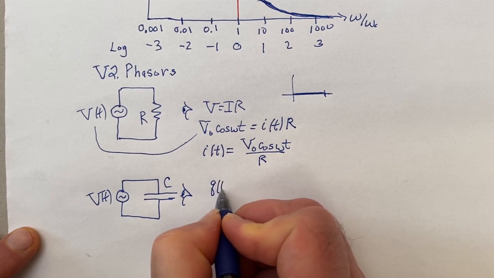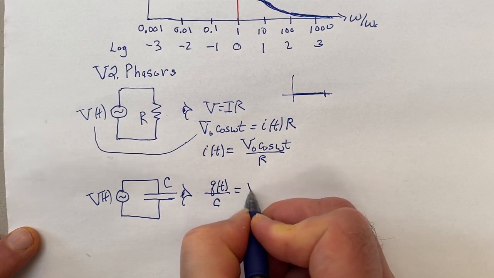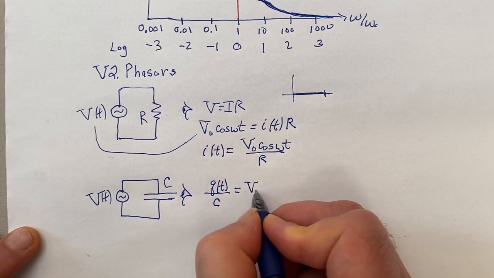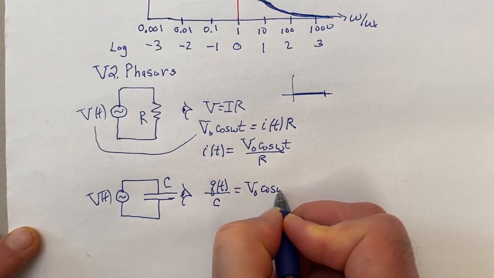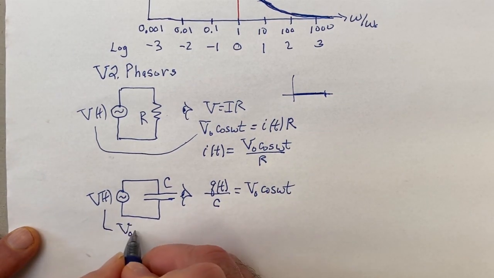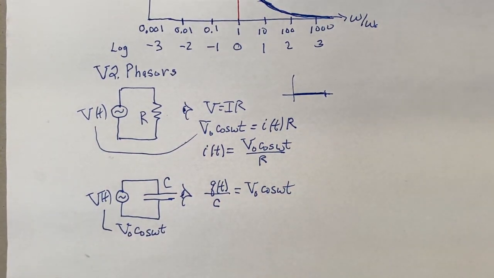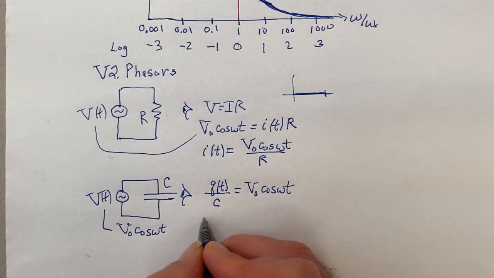So here's the voltage, and here's a capacitor, and look at what happens here electrically. So here the voltage is going to be Q(t) over C, and it's the charge that's going to be in sync with the voltage source. The voltage source is V naught cosine omega t. So the charge is in sync, but the current will be different. So to get the current, we have to take a derivative.